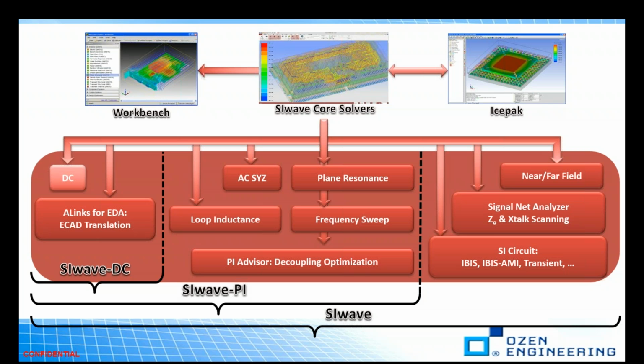Especially with IcePak, you can do a Joule heating and temperature simulation so that you can bring the Joule heating data and the temperature mapping into IcePak to help you do an electronics cooling solution.